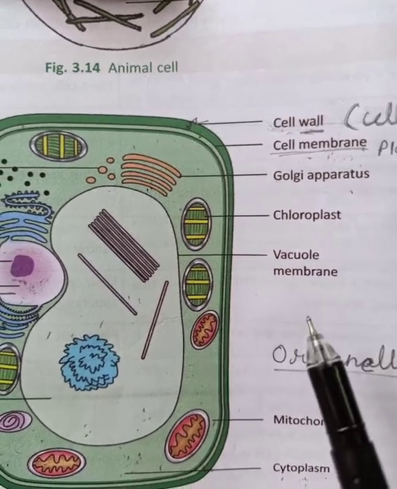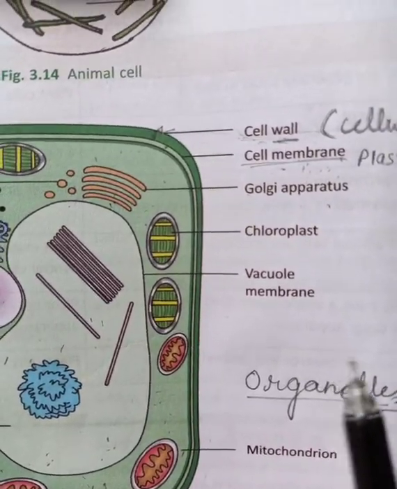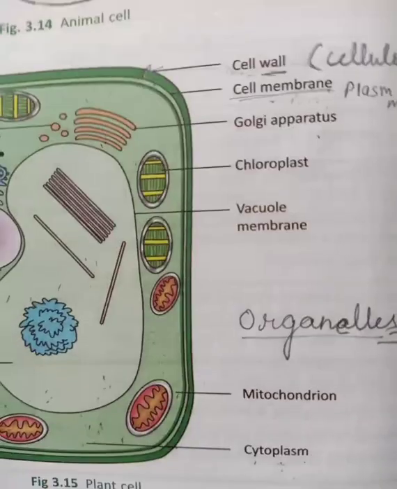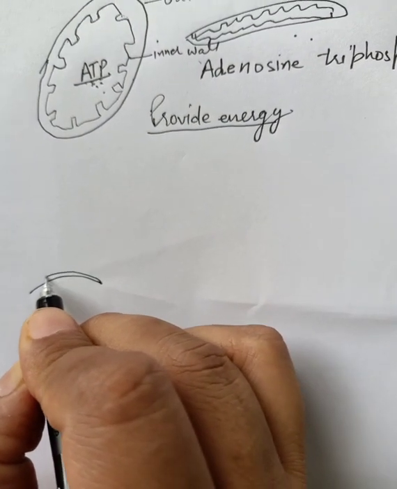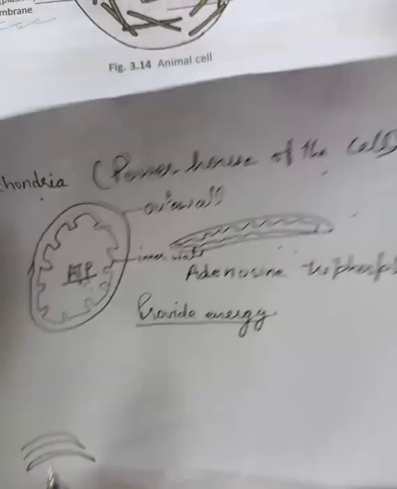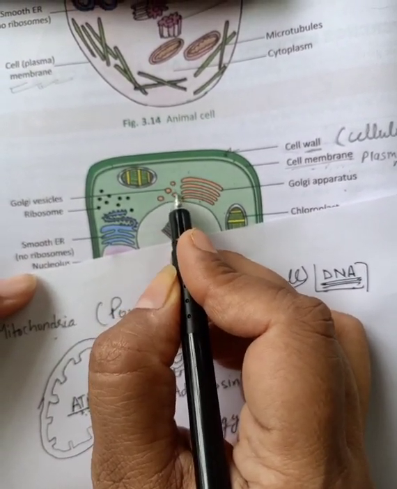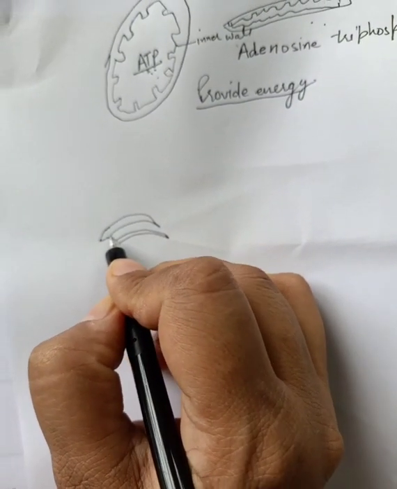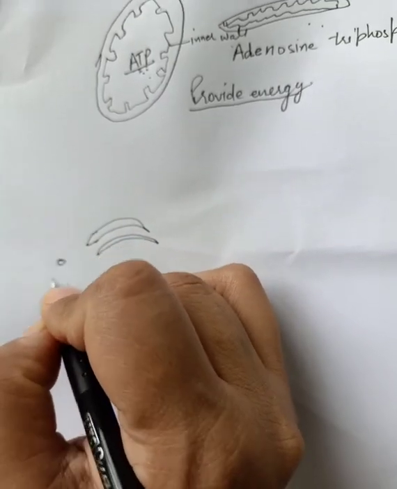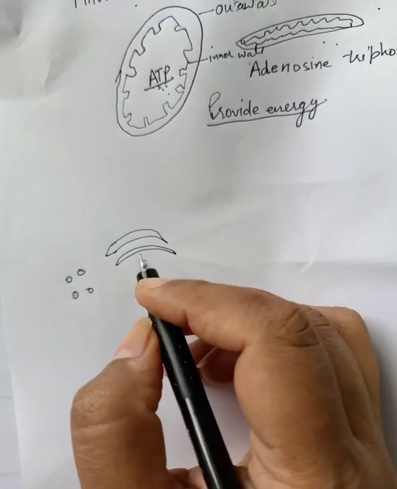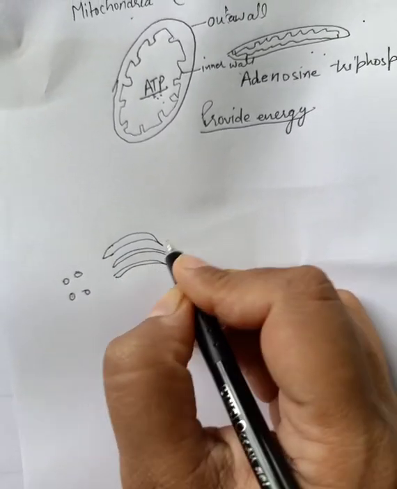Golgi apparatus occurs in the form of filaments, or you can say in the form of granules. You can see it like this in the picture also, and some small circles are also there. So they may be small granules, or they may be rod shaped just like a filament.